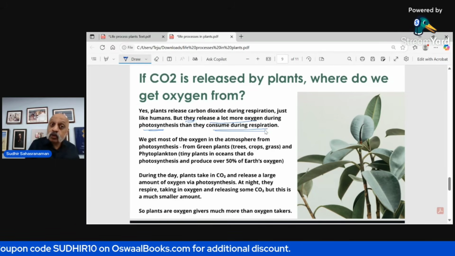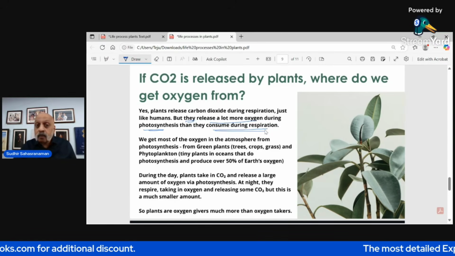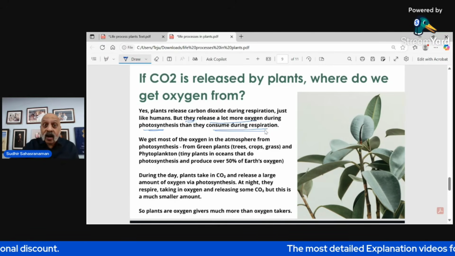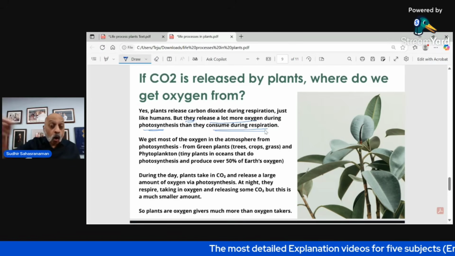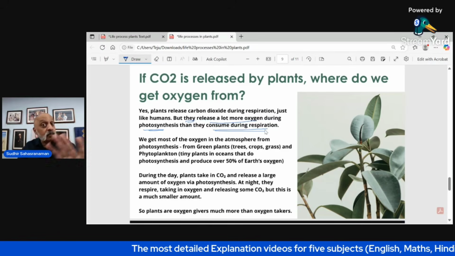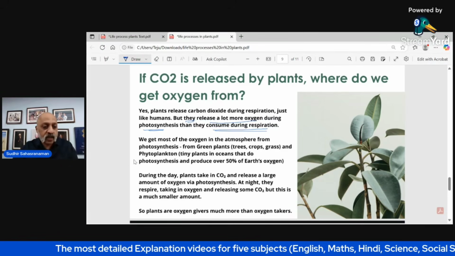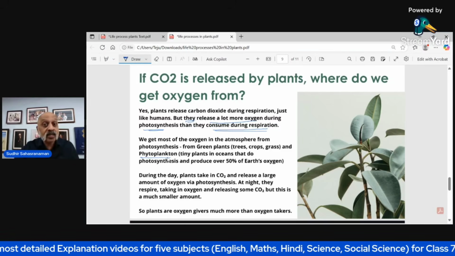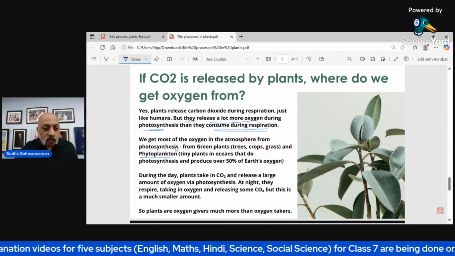So we get most of our oxygen in the atmosphere from photosynthesis, from green plants like this one, from grass, from trees. Also, very important, this is extra information. It's not there in your textbook, but you will study about this later in 10th class.